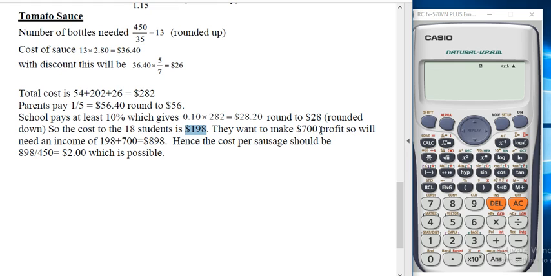Now very often this is done in an ice cream container, so you collect all of your coins from the sales of the sausages into a bucket or an ice cream container or whatever.